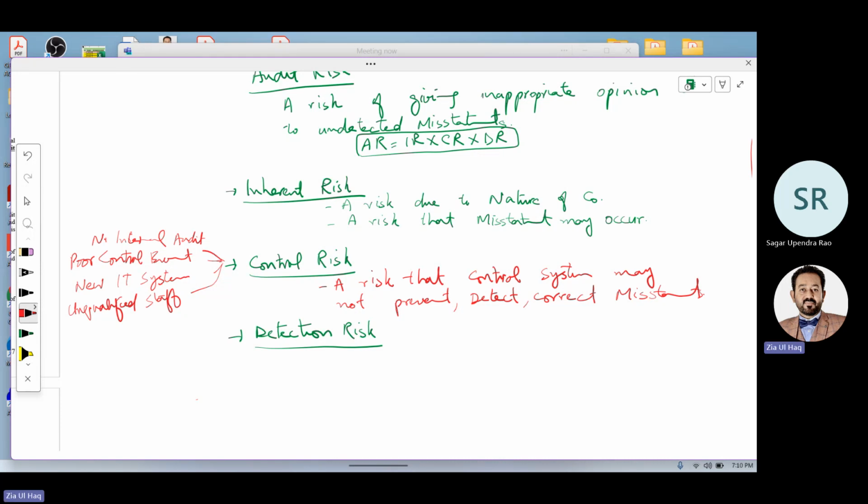What is detection risk? A risk that auditor may not detect misstatements.